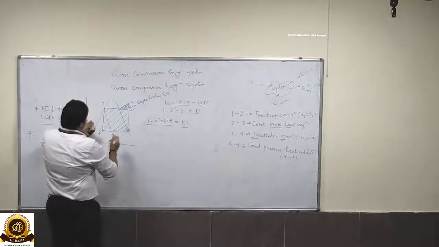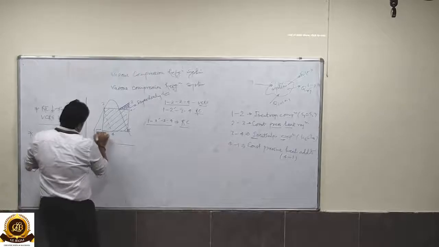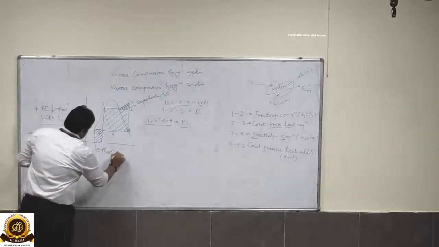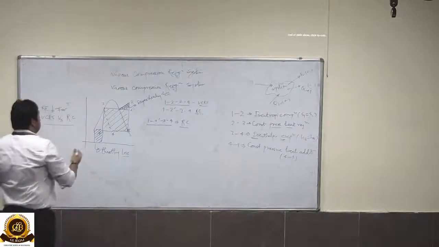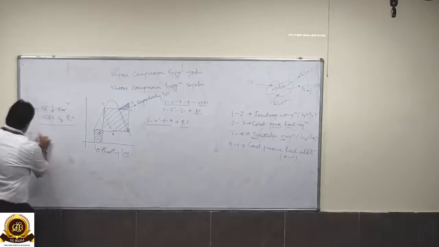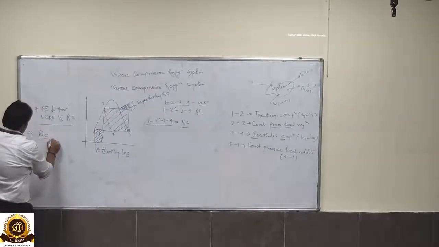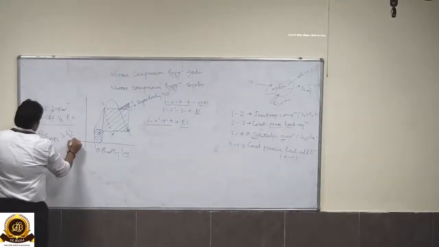So for a vapor compression refrigeration cycle, we also have this extra area, which we also know as throttling loss. So we can see here that the work input to the compressor in case of VCRS cycle is greater in comparison to the work input to the compressor in case of reverse Carnot cycle.